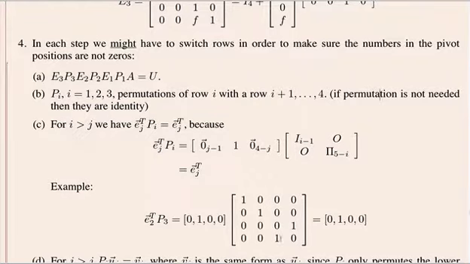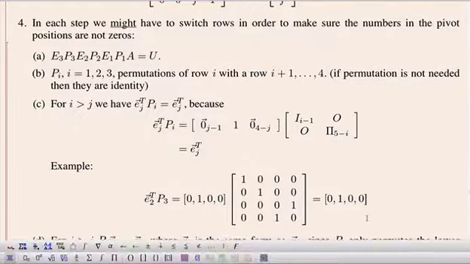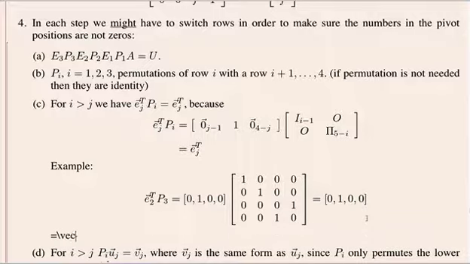But after 3, the only possibility is 4. And this is the P_3 permutation matrix. This is actually permutation of the third row with the fourth row. If you multiply this from the left with this vector, what we get is 0. Then from this first row and the second column, we get 1. And then we get 0 and 0 again, which means this is the same as the e_2 vector transpose.